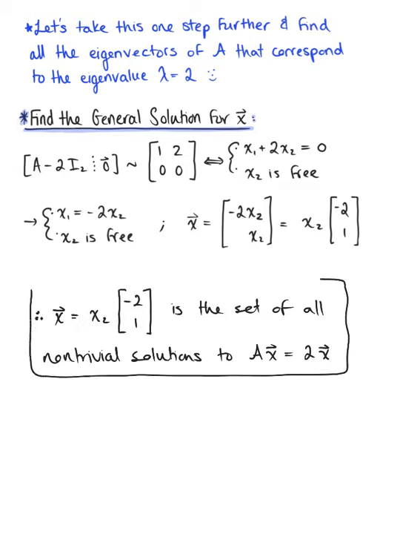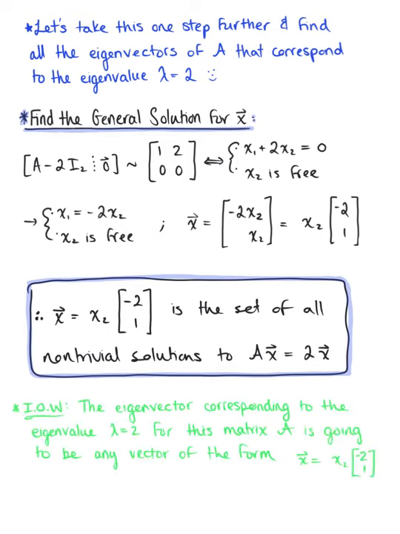So here is our final answer to this extension to the example. In other words, the eigenvector corresponding to the eigenvalue lambda equals 2 for this given matrix A is going to be any vector of the form x sub 2 times the vector negative 2, 1.